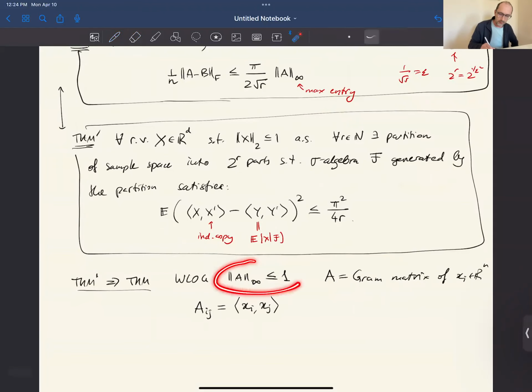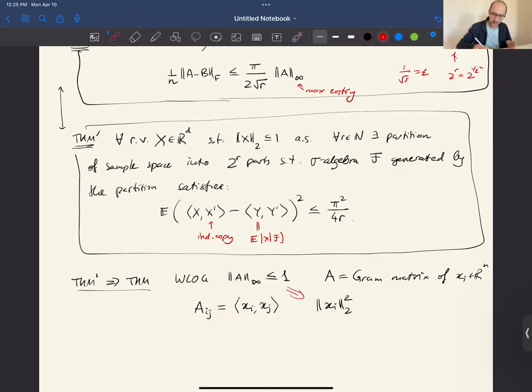Okay, so this assumption means that every entry is bounded by 1. In particular, the inner product of xi with itself is bounded by 1. That's the norm of xi squared, bounded by 1. So this means that the norm of xi is bounded by 1 for any i.